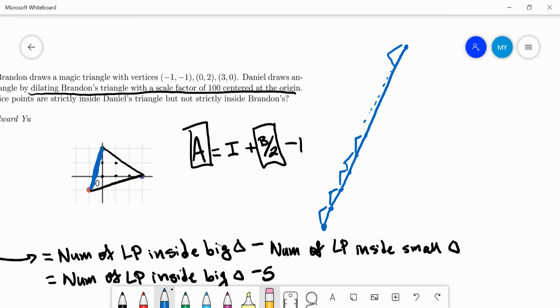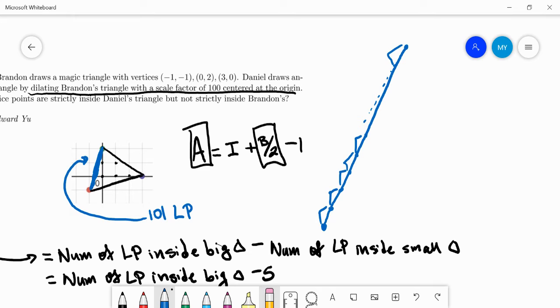Each of these blue segments will have no lattice points in its interior, but will have 2 lattice points as its endpoints. And if we have the entire 100 blue segments, there's just going to be 101 lattice points on the dilated version of this blue segment.